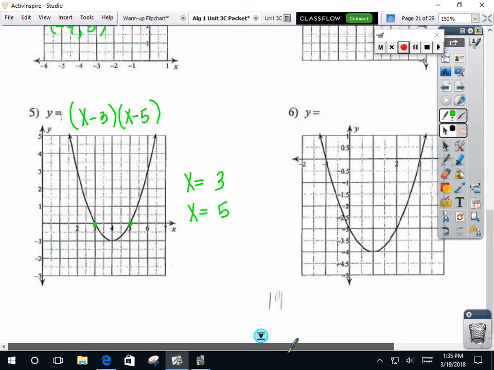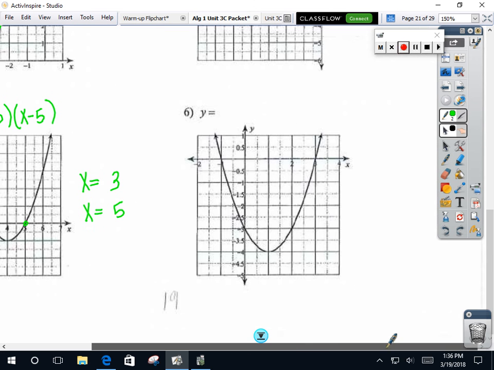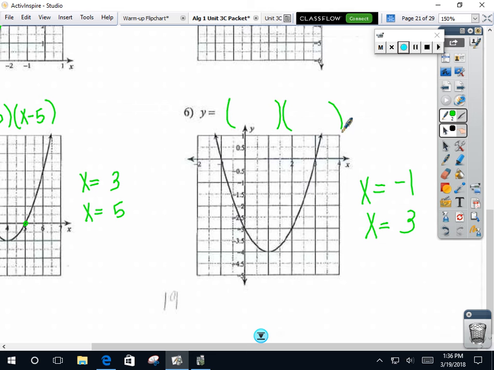Okay, for number 6, yeah, because it tells you up in the directions to state the solution and the factored form. The solutions for number 6 are what? Okay, so in factored form that would be, right. Okay, go ahead and turn to page 20.